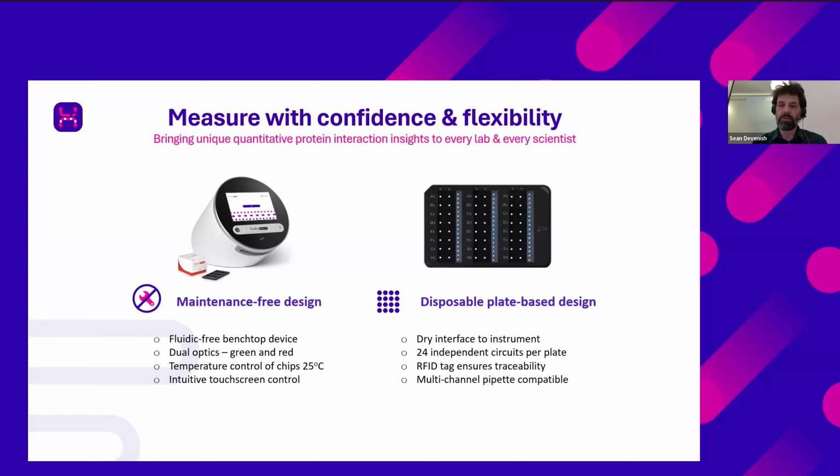You can use as few or as many circuits in any particular run as you like, because there's an RFID tag in the chip that gives traceability, but also lets you know which circuits are still available for a measurement. And as you can possibly guess, looking at the layout of the chip, it's multi-channel pipette compatible. So loading the plate only takes a couple of minutes using a multi-channel pipette.